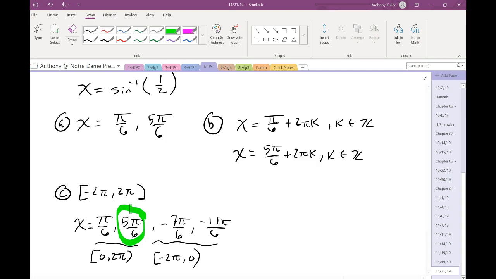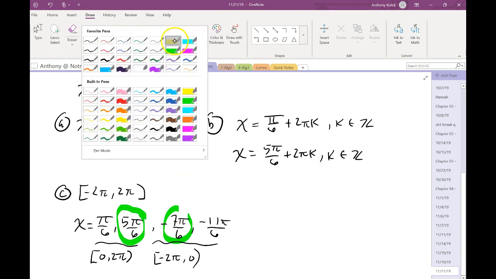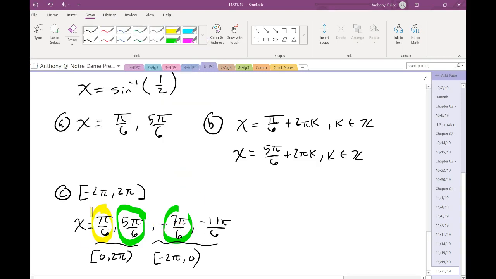So 2 pi is 12 pi over 6. 5 minus 12 is 7, or negative 7, excuse me. And then if I do the same thing, 1 minus 12, I get negative 11.